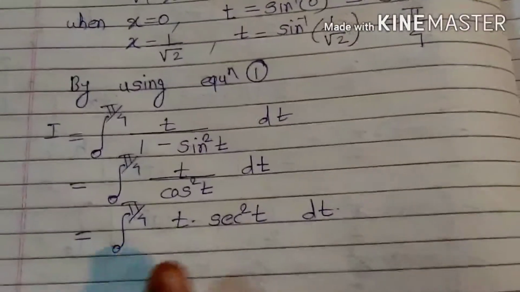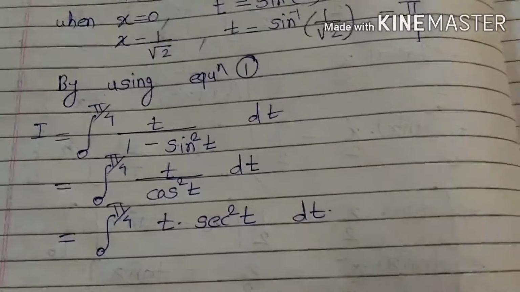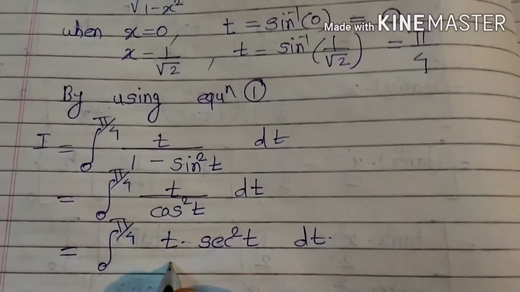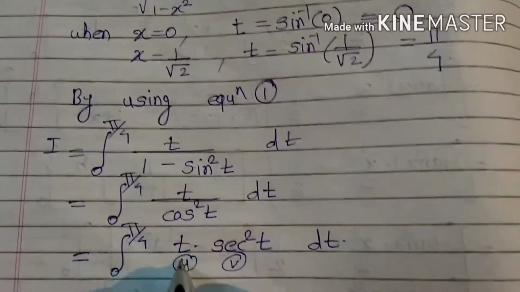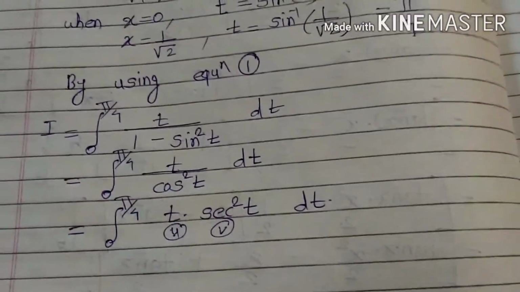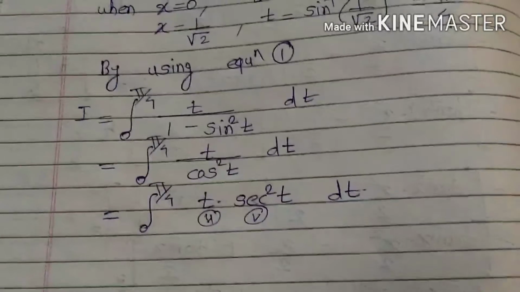Now take here the u into v rule. So this is u and this is v, because it is an algebraic function and sec square t is a trigonometric function.